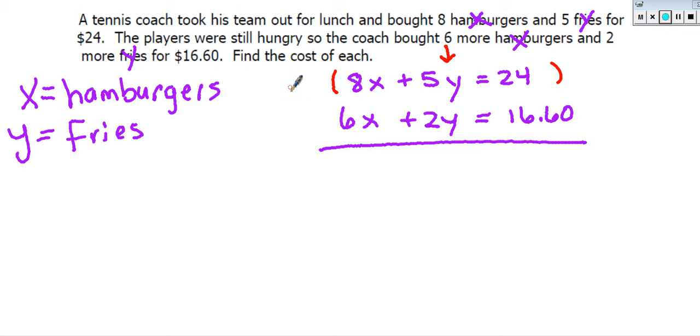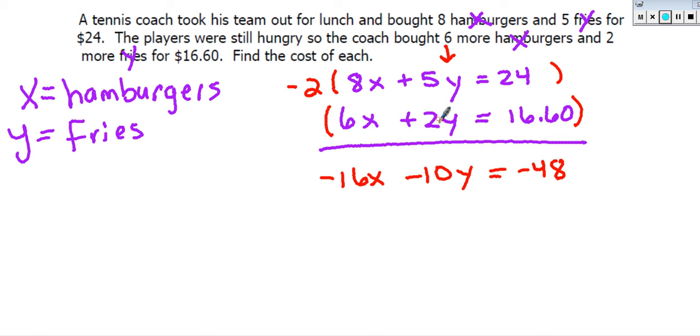I'm going to multiply the top equation by -2. So that'll give me negative 16x minus 10y equals negative 48. I got the 2 from here, and I made it a negative, so that gave me a negative 10. Now, what I need from the bottom equation is a positive 10y, so I'm going to multiply everything by 5 here.